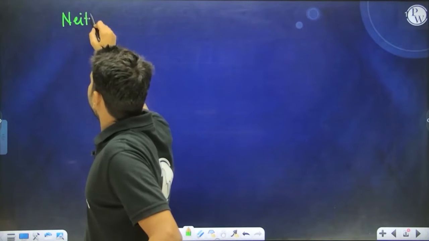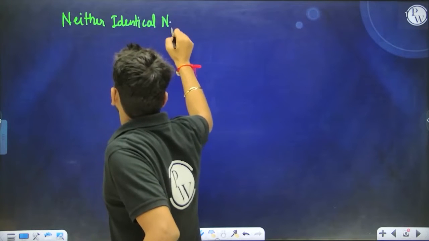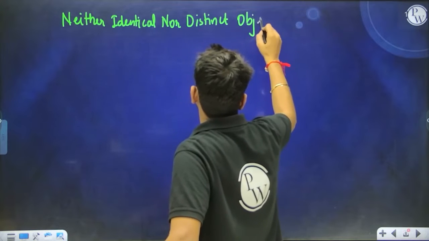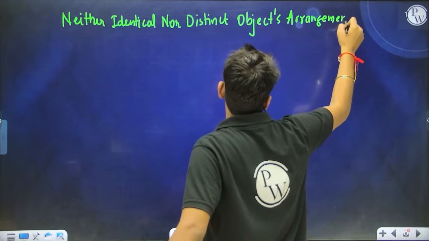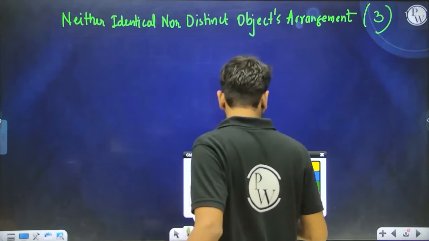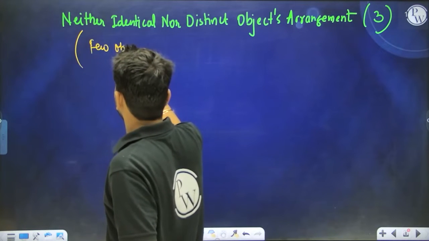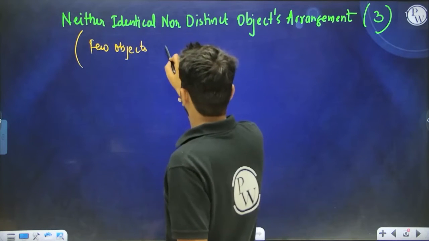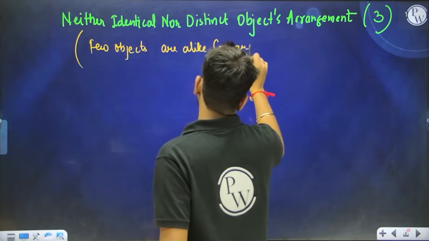Neither identical nor distinct objects arrangement. That means case number 3, that is the case when few objects are alike and few are distinct.